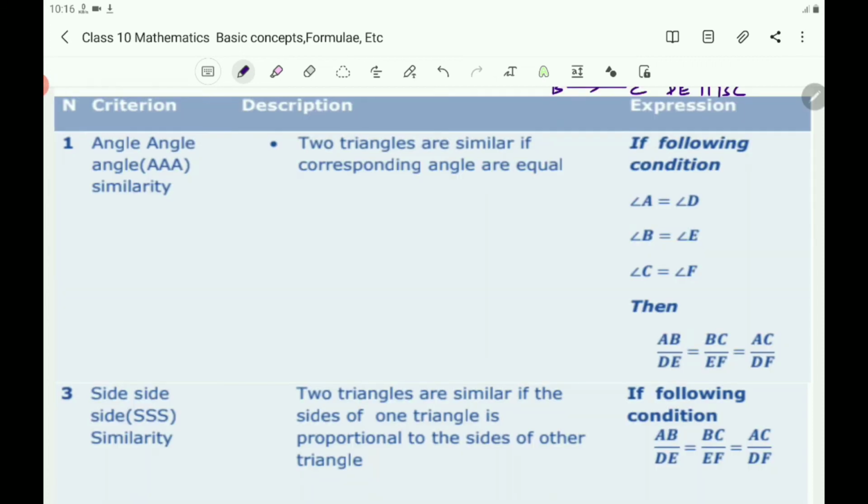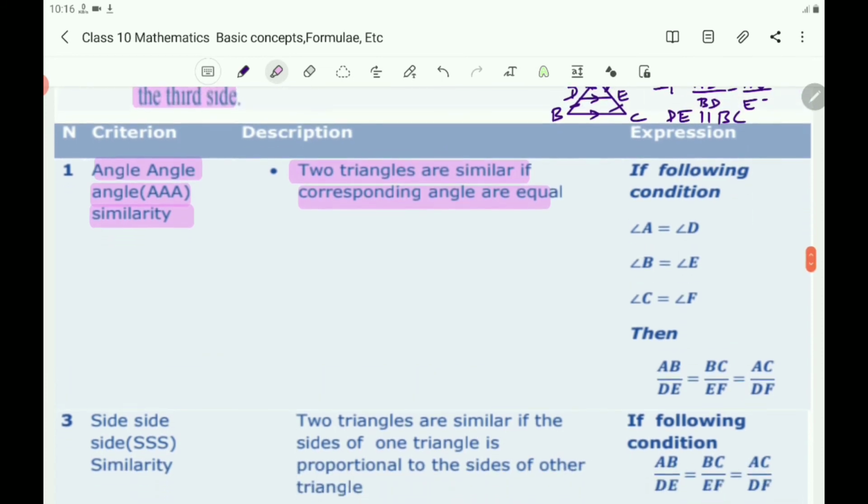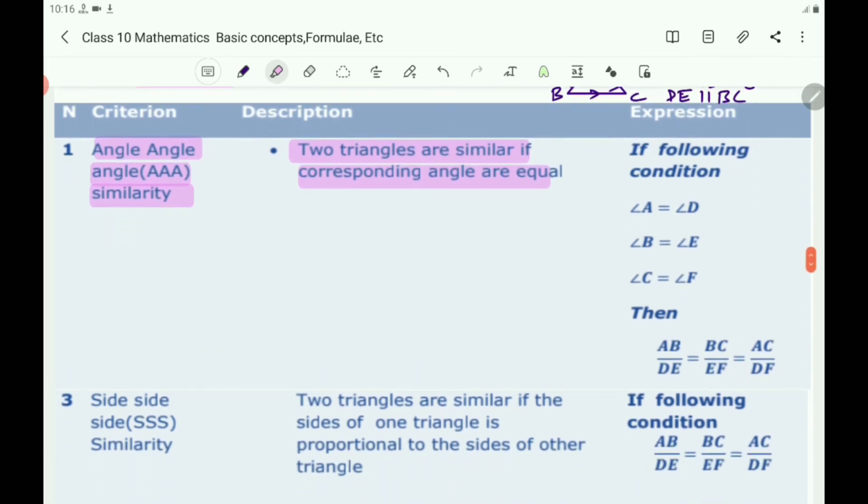Now you take the first one, AA similarity criterion. Two triangles are similar if corresponding angles are equal. So if you take the figure here, angle A equals angle D, take the figure of triangle ABC and triangle DEF.